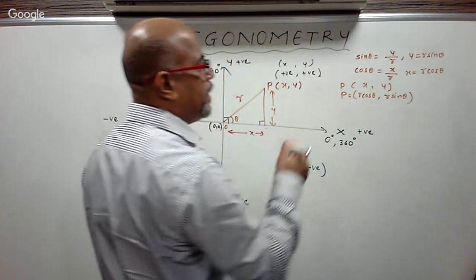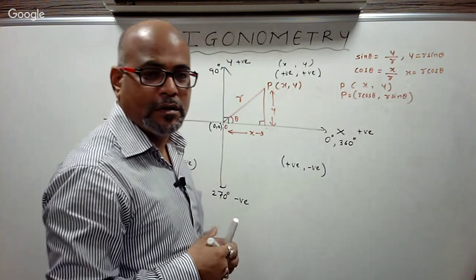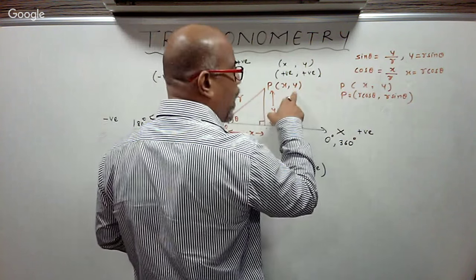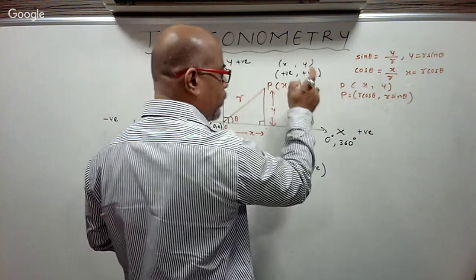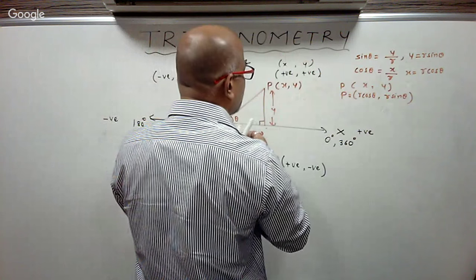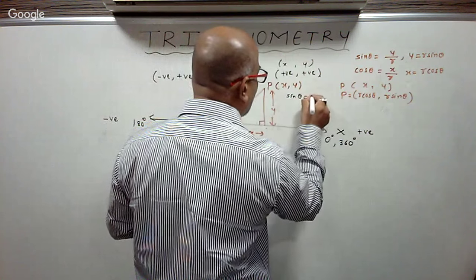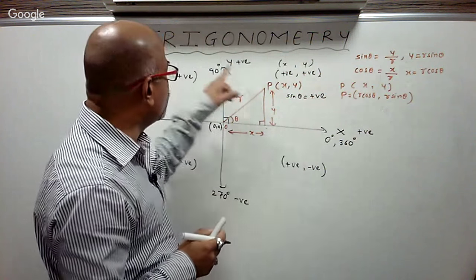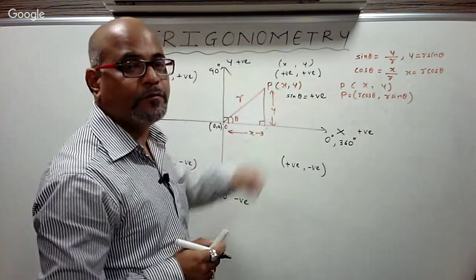Now what is sine theta? Sine theta equals y upon r. Y is positive, r also positive. Therefore in the first quadrant sine theta is positive. That means the value of sine from 0 to 90 is always positive.